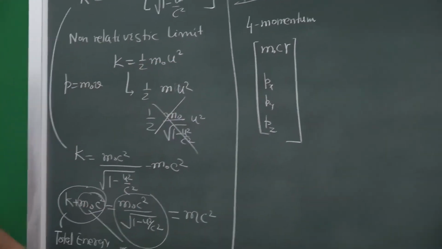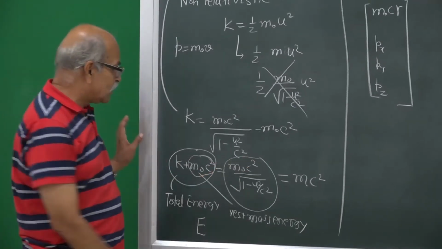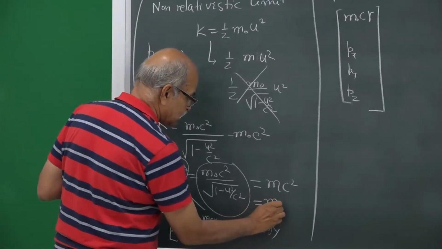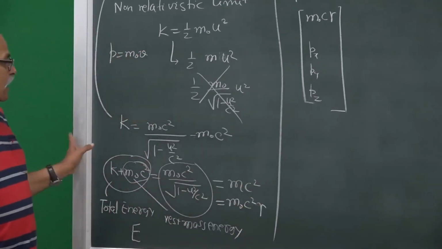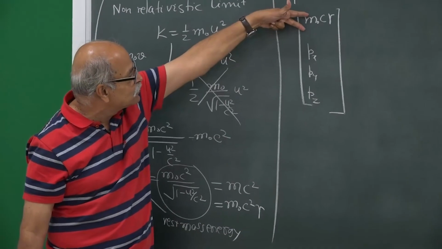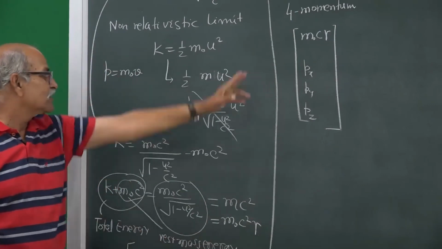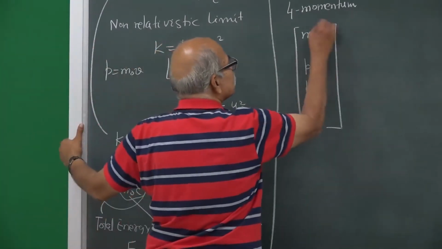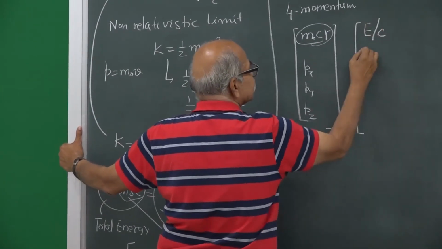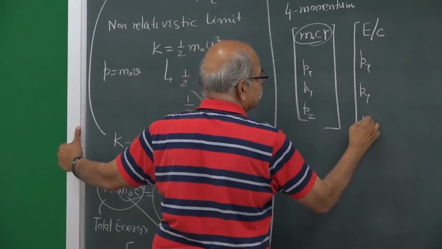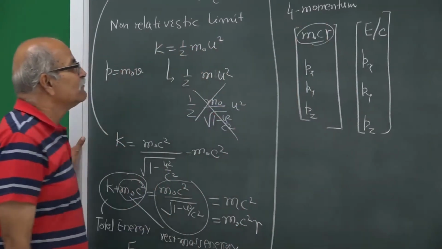And if you see from here, E is equal to m naught times c square times gamma. So, m naught c square gamma here, m naught c gamma here. So, it is nothing but capital E by c, total energy by c, px, py, pz. That is your 4 momentum, or momentum 4 vector.